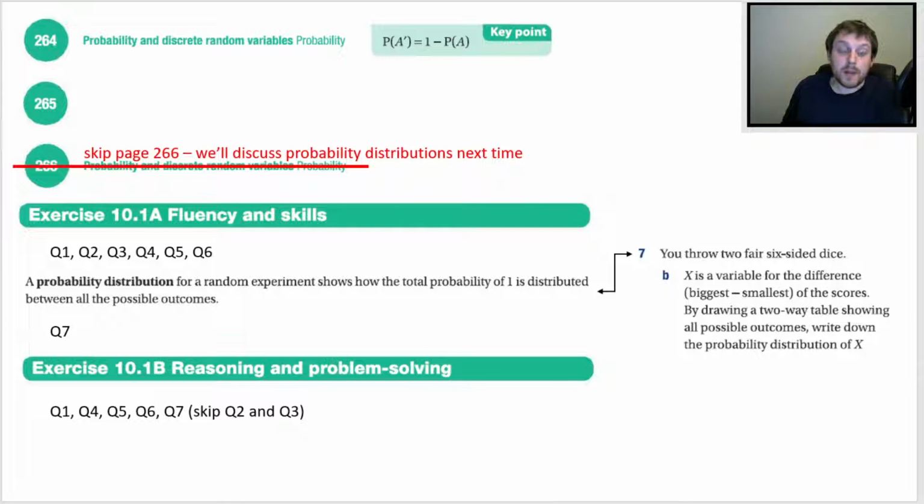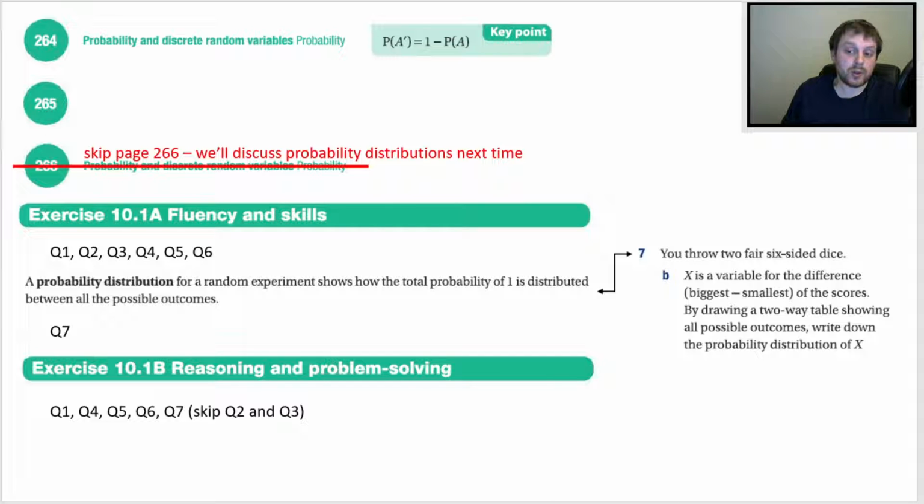So I want you to read page 264, 265. I want you to skip page 266 because I want to discuss probability distributions with you either in a separate video or face-to-face. And then I want you to do questions 1, 2, 3, 4, 5, 6, and 7 from exercise 10.1a. Don't worry about the part that says write down the probability distribution of x.